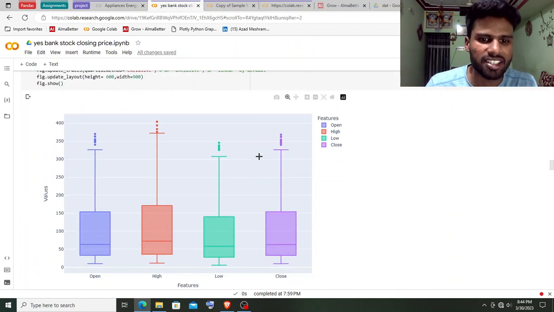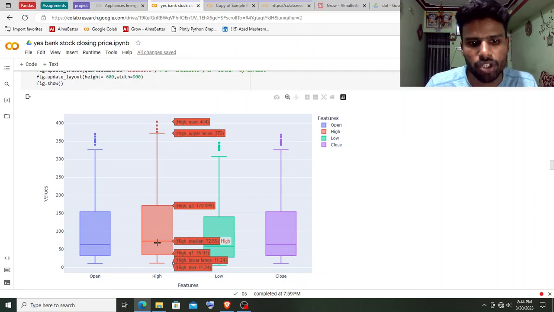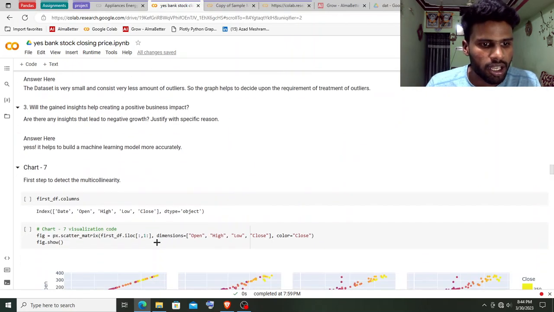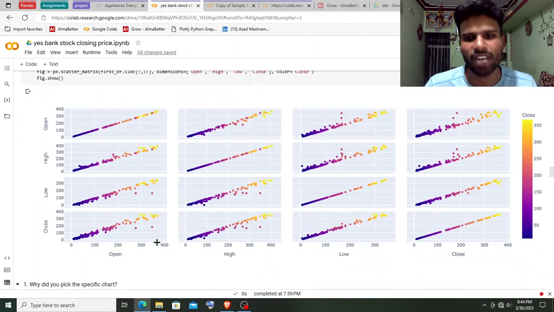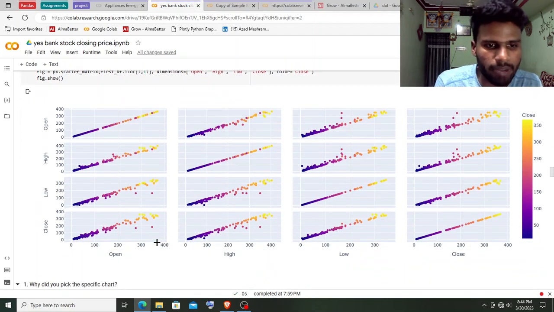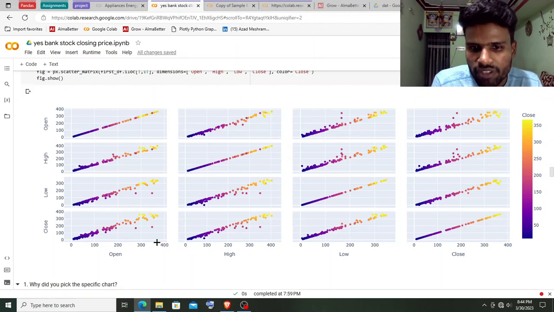Later on, these are the box plots to show the outliers in the particular features. And now this is a very important matrix. By observing this, we could see there is a strong correlation between each and every other feature.